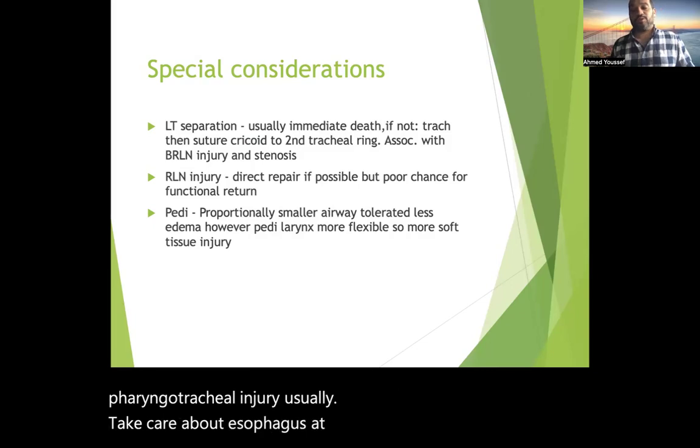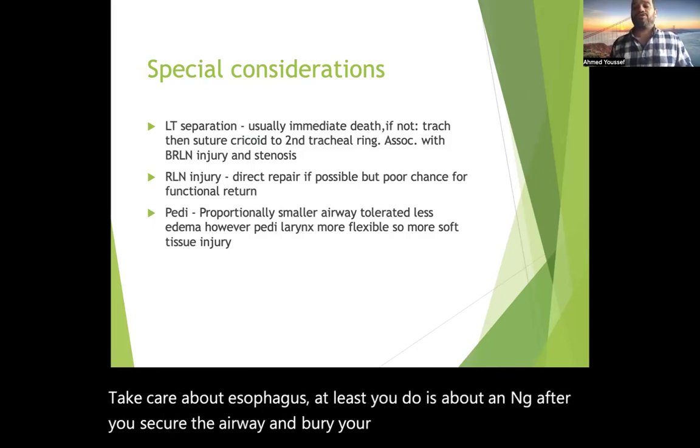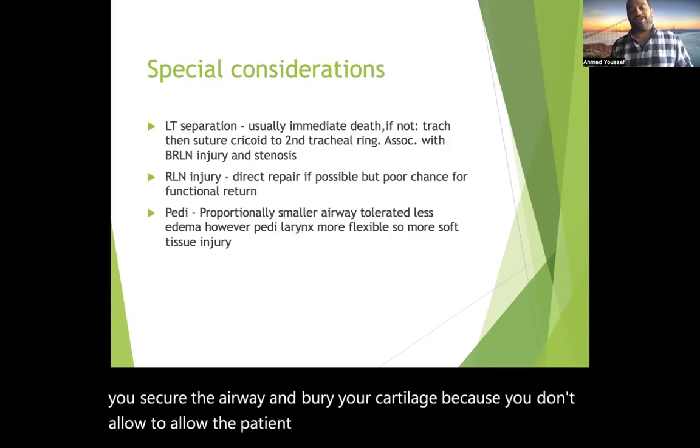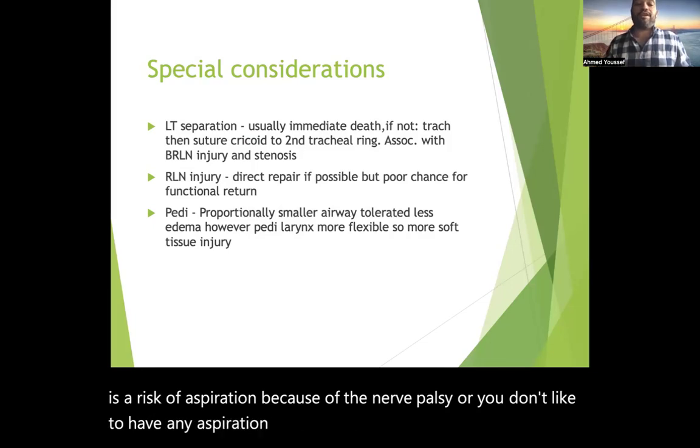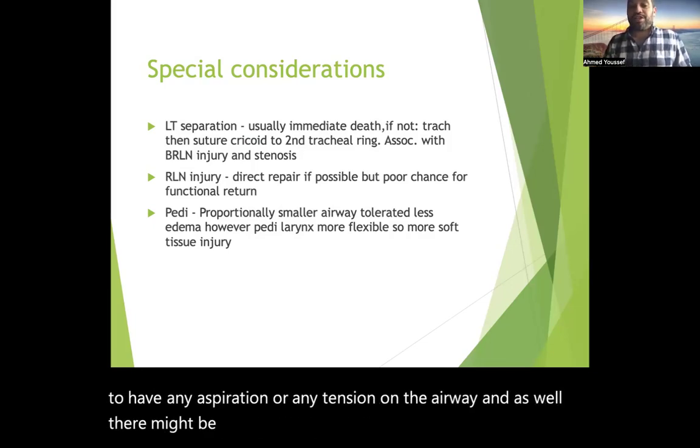The least you do is put an NG after you secure the airway and repair the cartilage, because you don't allow the patient to swallow straight away. There is a risk of aspiration because of the nerve palsy, and you don't want any aspiration or any tension on the airway. As well, there might be an associated esophageal injury.